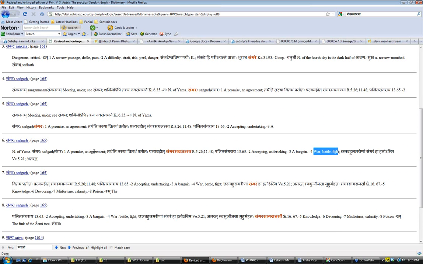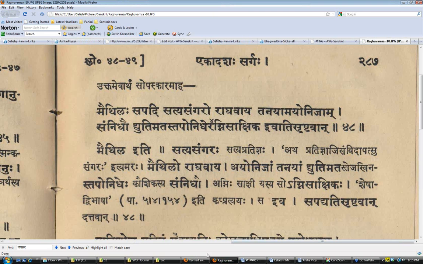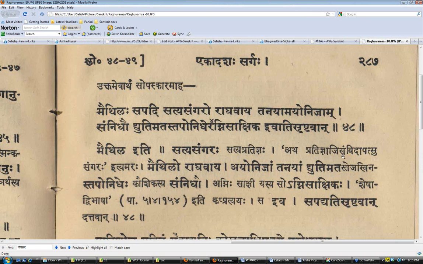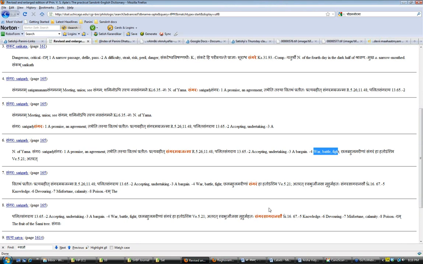So there's the pratignya. The next one which he took was the Aji. So that's the battlefield that Apte has given here: war, battlefield, battle. Next one he gives is Samvid. In Samvid, I think he gives knowledge. Knowledge could be that meaning.